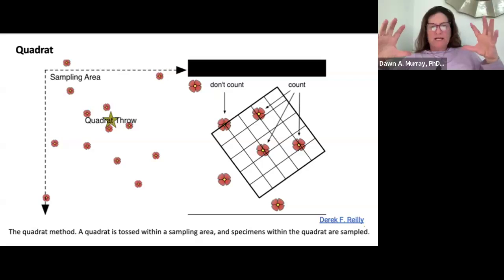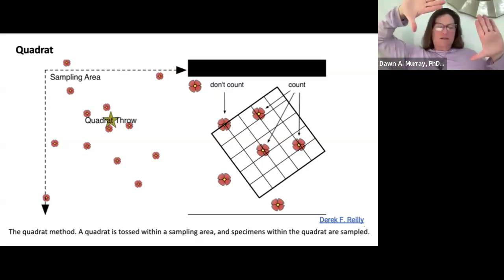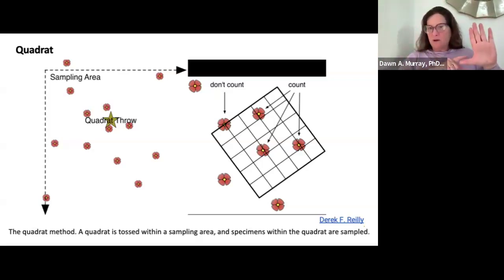So a quadrat is a sampling area, basically a square that you create. You can tie sticks together as well. And you are defining it. It can be like half a meter by half a meter. It's kind of the easiest size to manage. And what that means is 1/2 times 1/2 is a quarter meter squared.